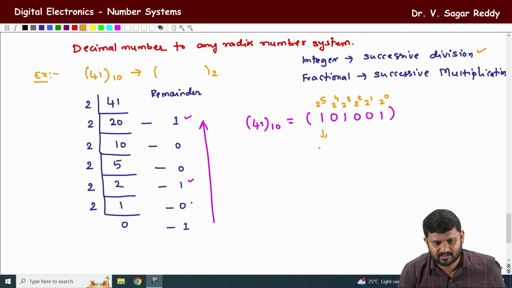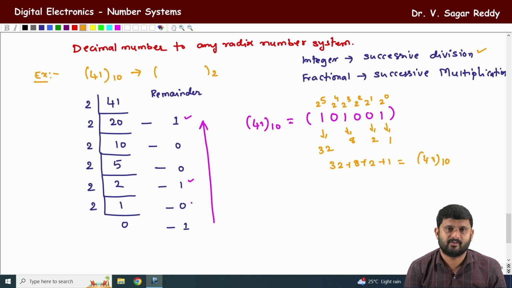That is 32, here 8, and here 1. So 32 plus 8 plus 1 is 41 in decimal. So if you want to convert a decimal number to binary, we use successive division with radix 2, and we take the remainders from bottom to top, which represent the binary equivalent for this 41.